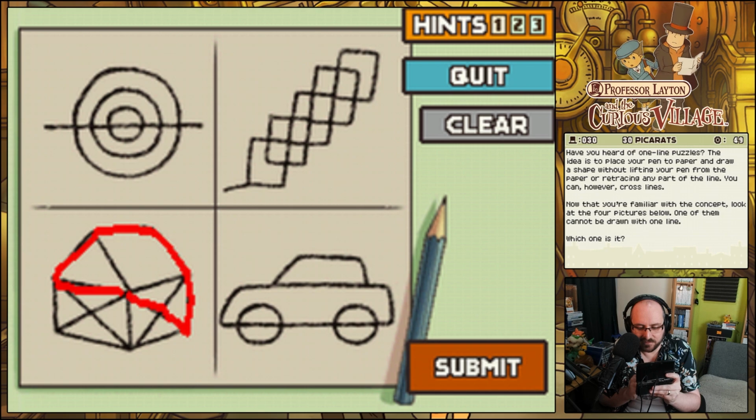One-line theory. That doesn't work. It's either the house or the top one. But I don't see how to do the top one, because most of it just comes back to the point. Especially because you go out there. So it feels like you'd have to start here.